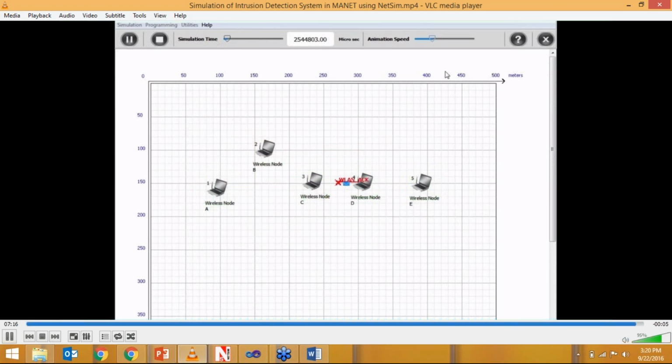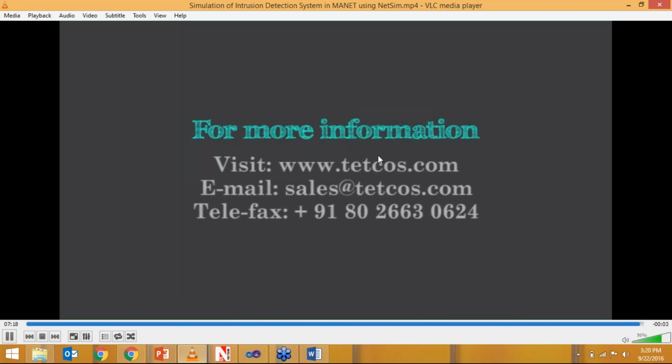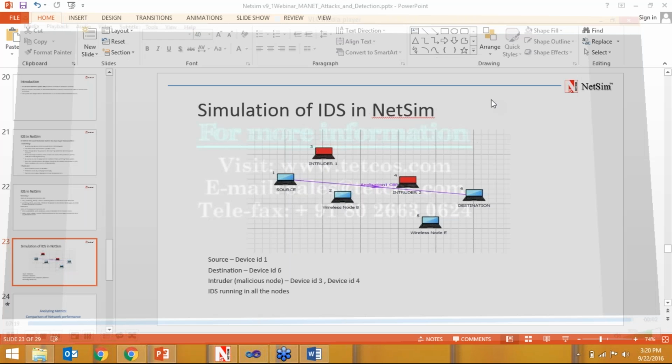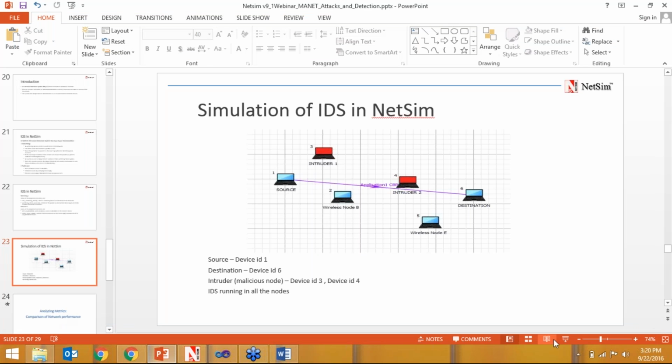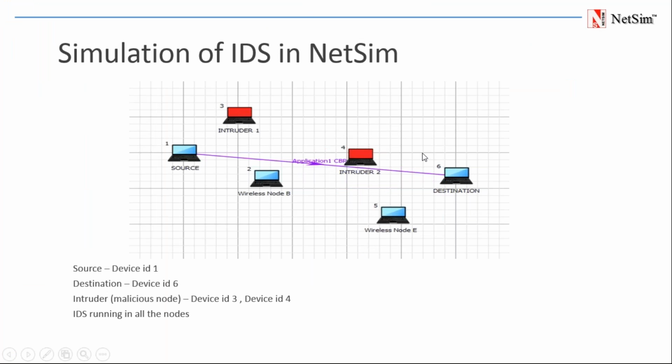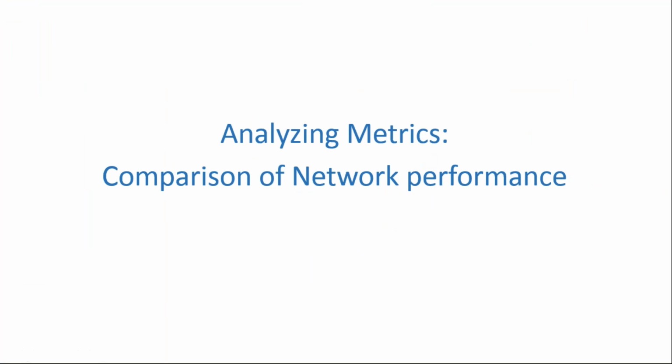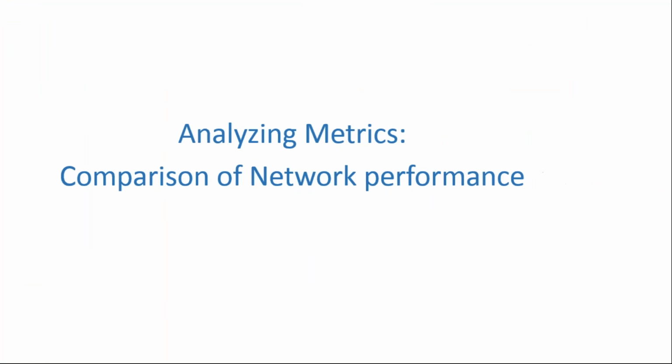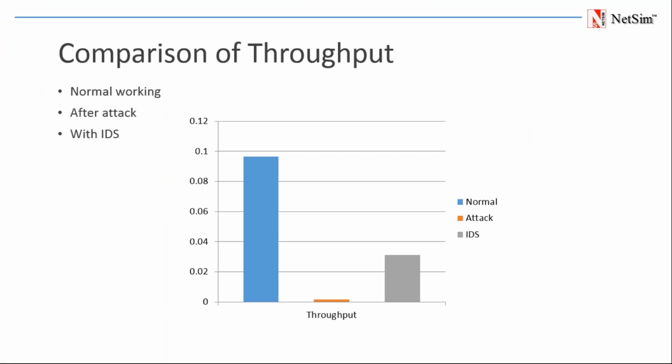So this is how IDS works. Now I analyze the metrics, the comparison of network performance. These are the comparisons of throughput; these three graphs are there.